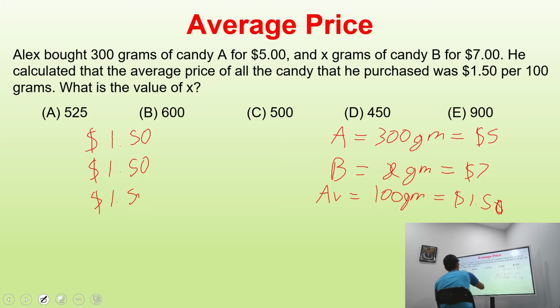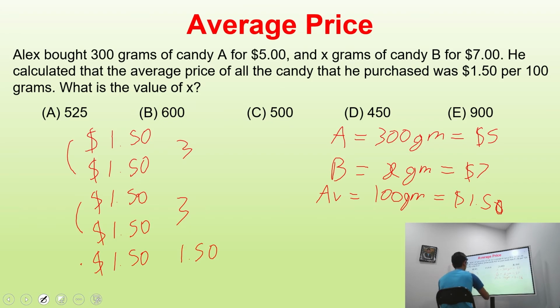So right now this would be $3, and then $4.50, and then $6, and now we would have $7.50.